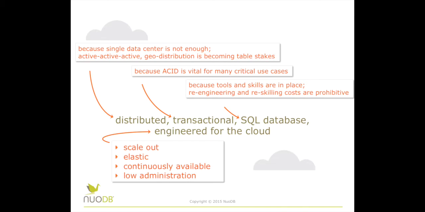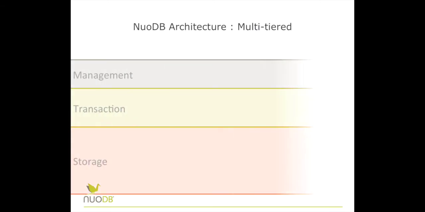And so although NuoDB is a database architected for the cloud from the beginning, what we've done is we have not thrown away the transactional and the SQL babies with the scale up bathwater in order to get to scale out and geo-distributed.